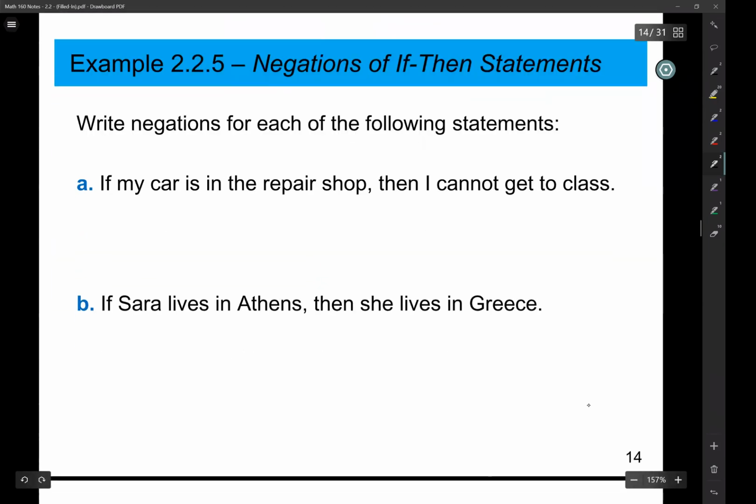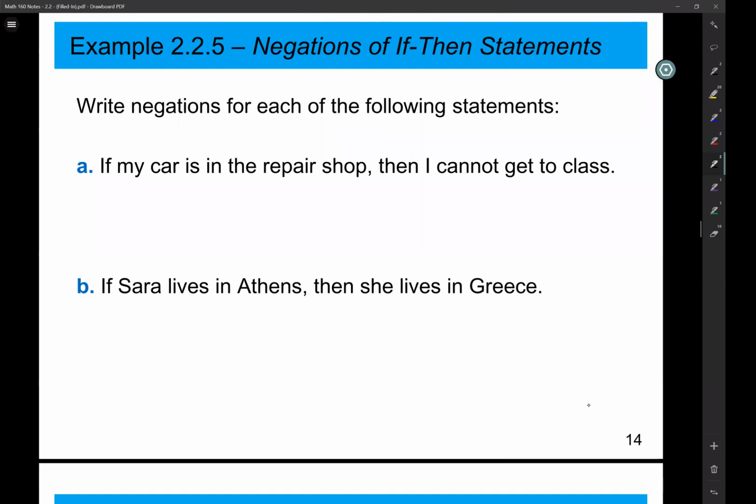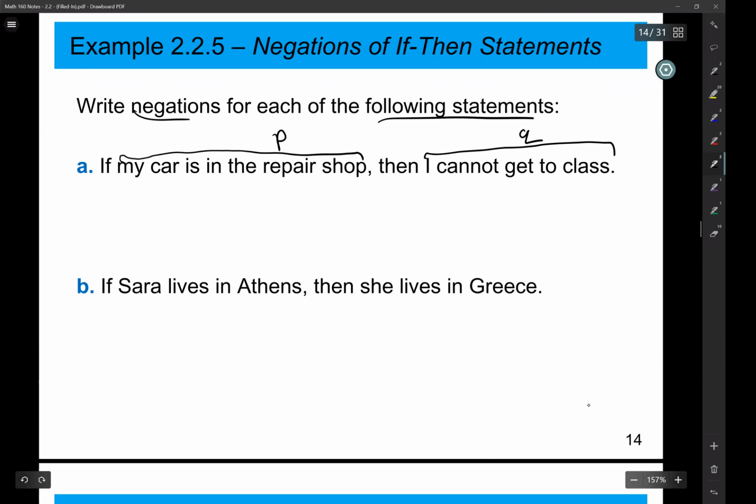Okay, let's get practice here. Let's write negations for each of these. Let's get practice in English. We've been doing it kind of abstractly with the variables. So if my car is in the repair shop, so that's P here, then I cannot get to class. Again, we want to write the negation of this.